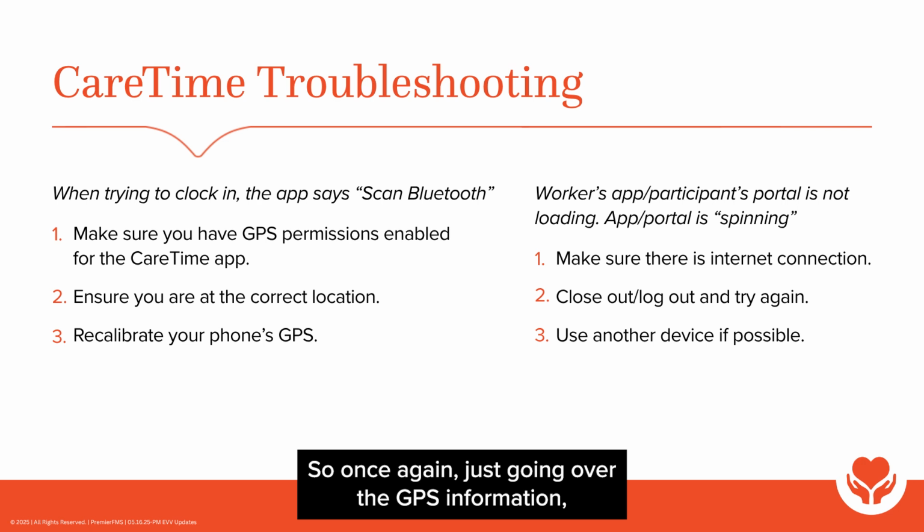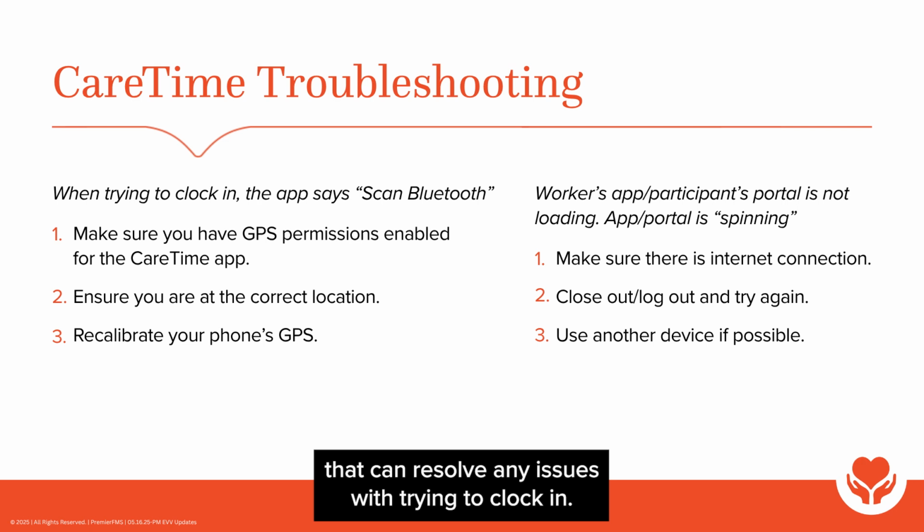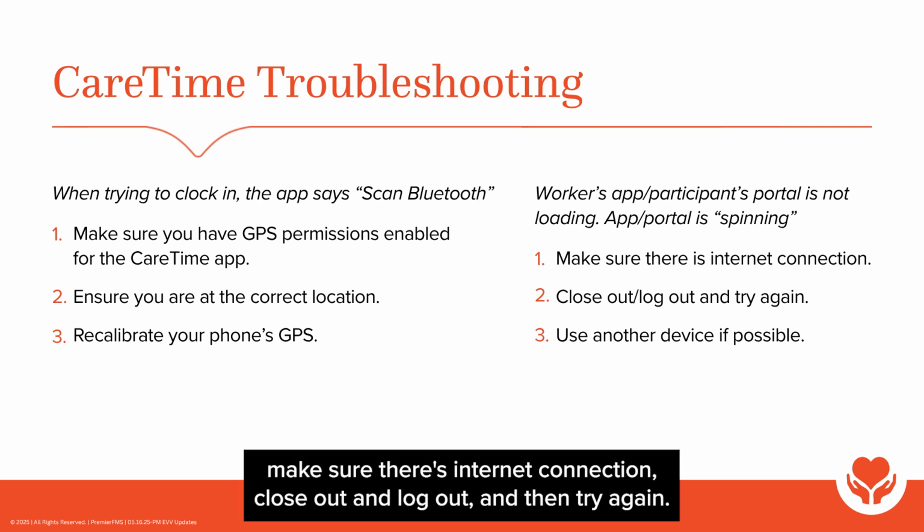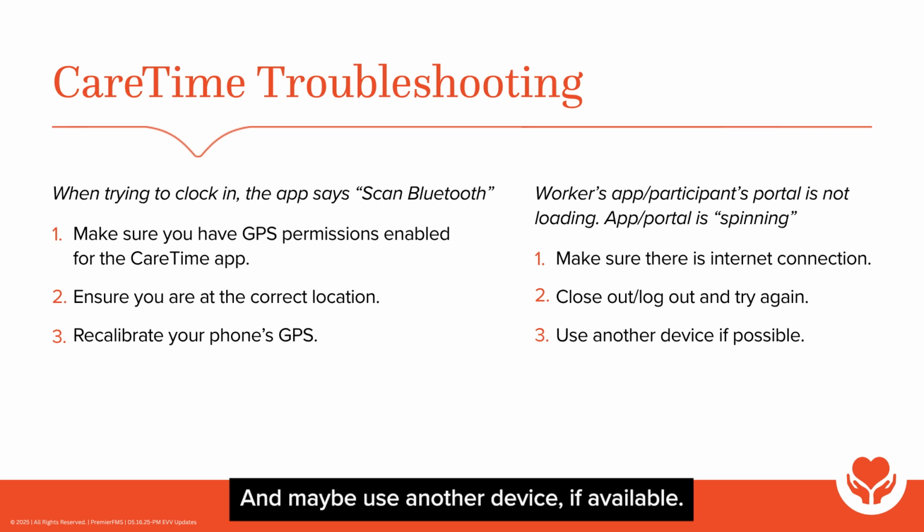So once again, just going over the GPS information that can resolve any issues with trying to clock in. Also, if the worker's app or participant's portal is not loading, the app or portal is spinning, make sure there's internet connection, close out and log out, and then try again, and maybe use another device if available.